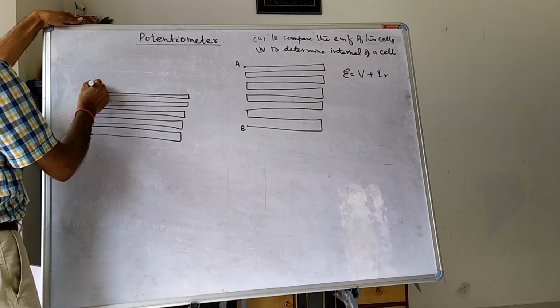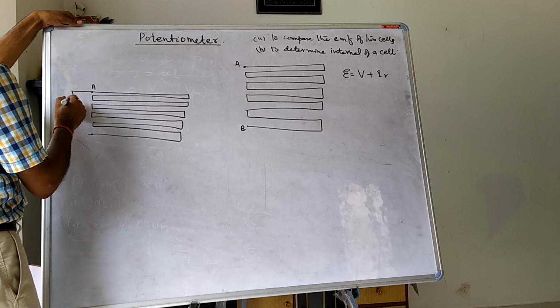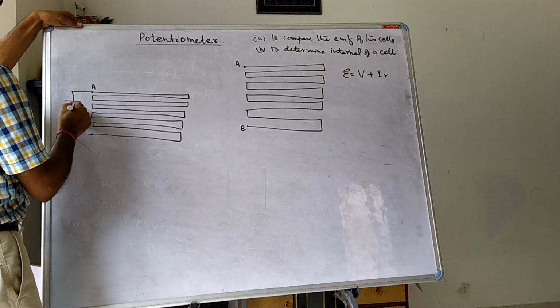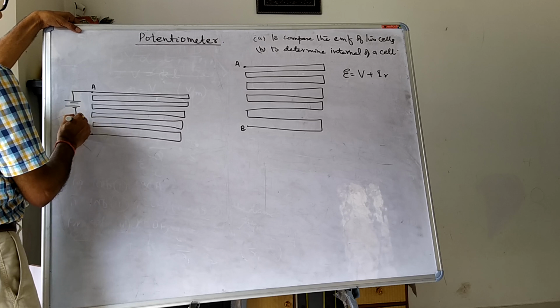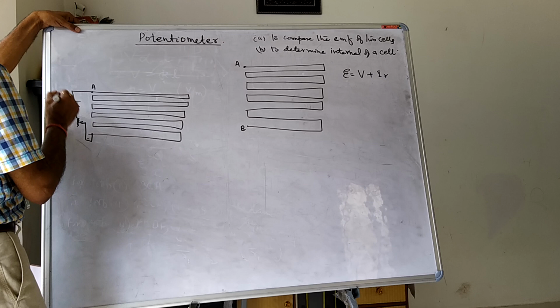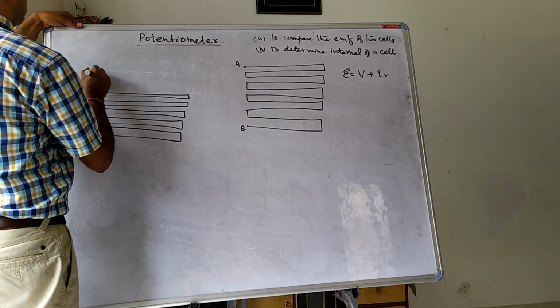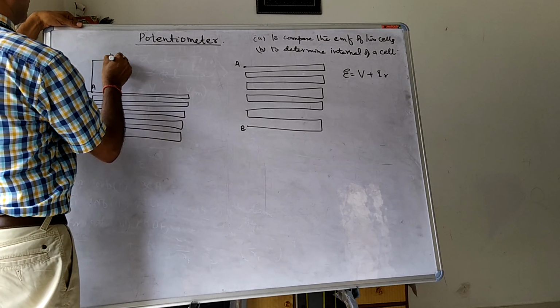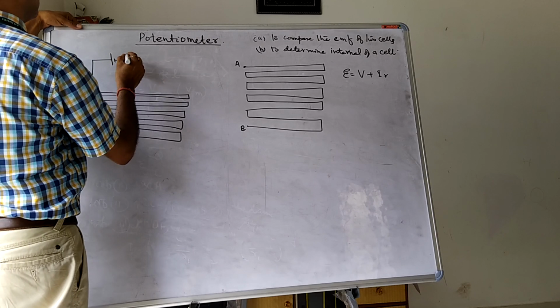These two ends are connected to an auxiliary cell which will provide the current, and then there will be a rheostat, and through the rheostat we will connect here. Now, we will connect the two cells.